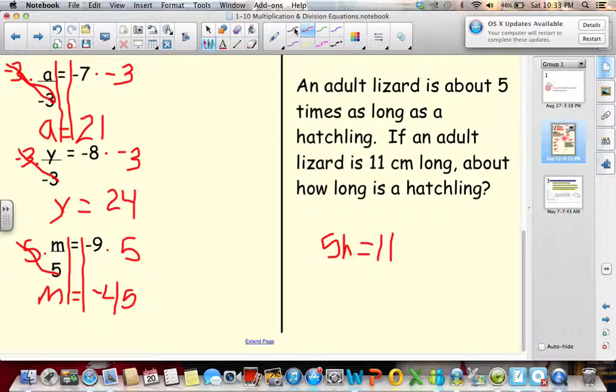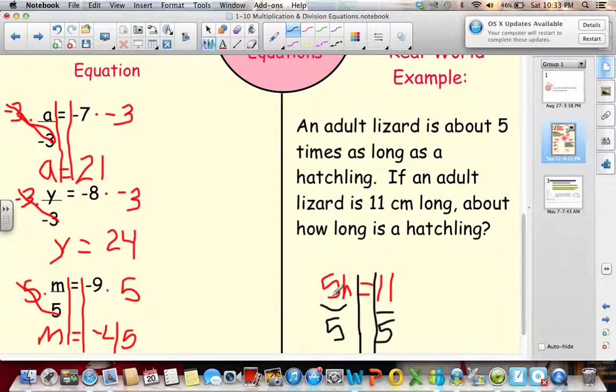So first I'm going to do my railroad tracks. Then, because h is being multiplied by 5, we're going to divide by 5. 5 divided by 5 is 1.